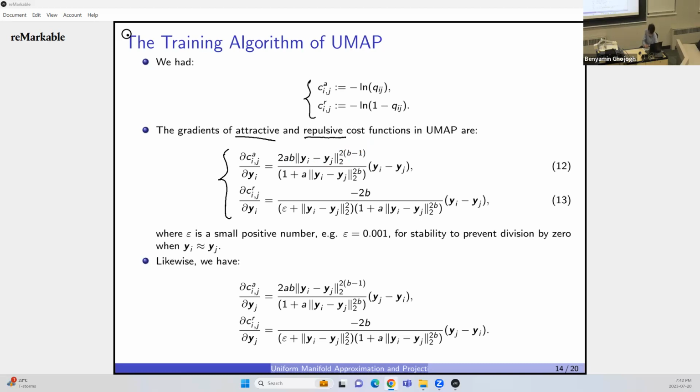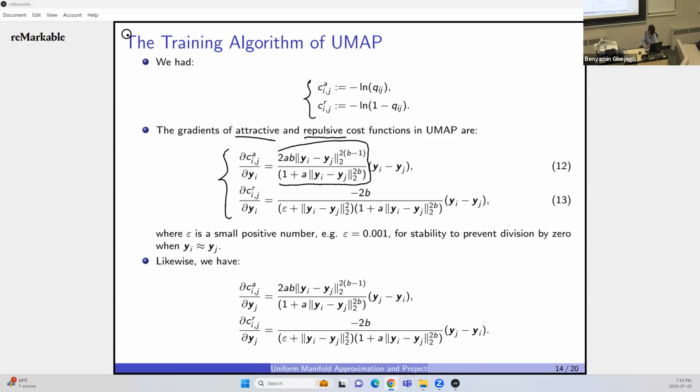And a and b are parameters. Do you remember we had these parameters in the Qij? Also in the denominator, I have 1 plus a, again, the L2 norm of yi minus yj to the power of 2b, times yi minus yj.